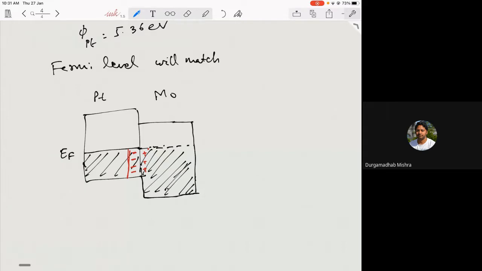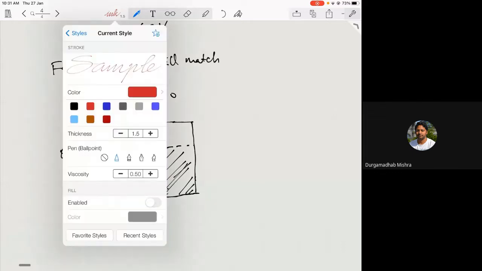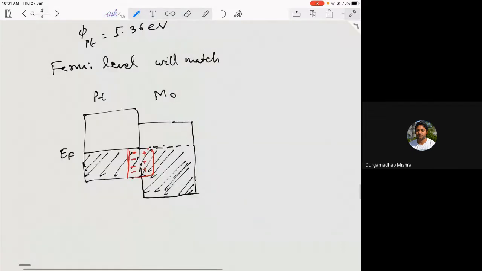And this electric field at the junction, you can express it in terms of something known as a built-in potential. This built-in potential will make sure that when equilibrium is reached, that means the Fermi levels have been matched, no further transfer of electrons happens.